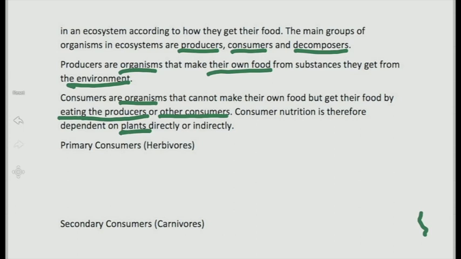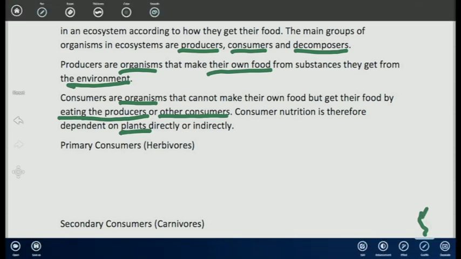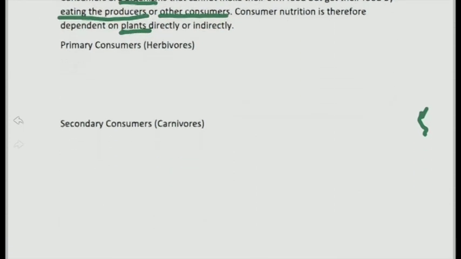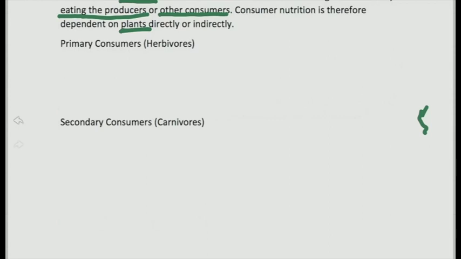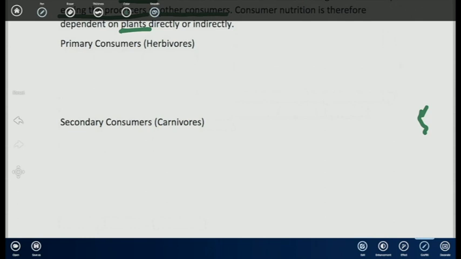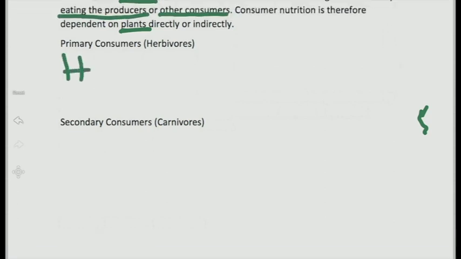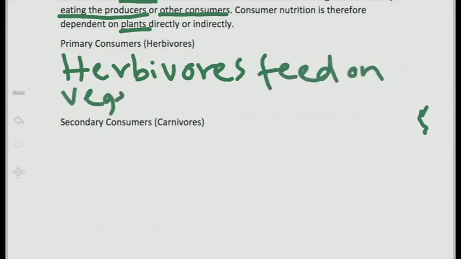What are these primary consumers and secondary consumers then? Primary consumers, we have said, they are the herbivores. What is that? The herbivores are those animals that feed mainly on plants, be it trees or grass, vegetation.